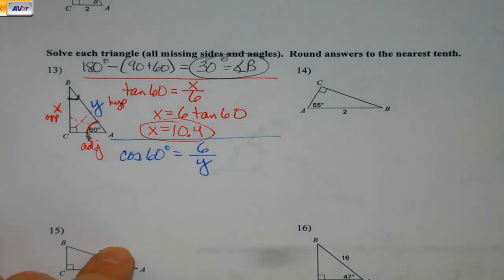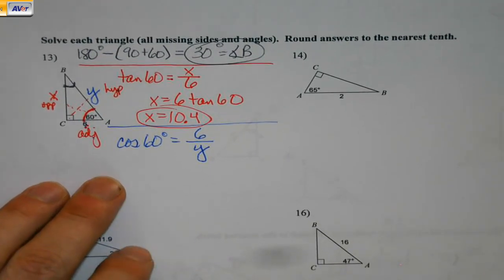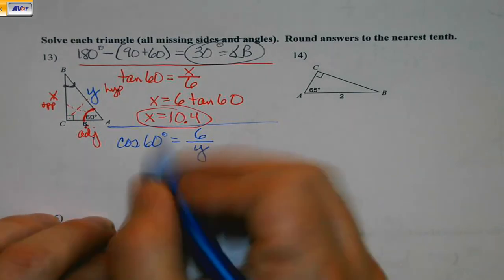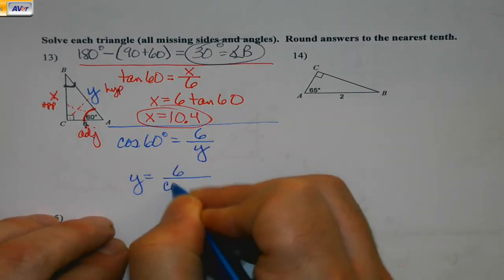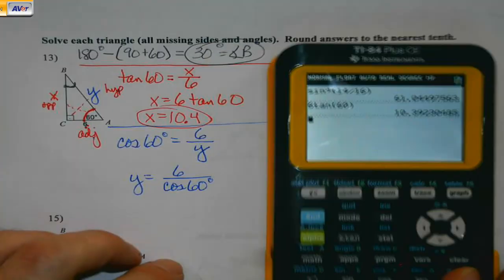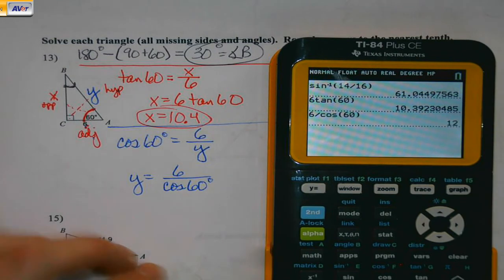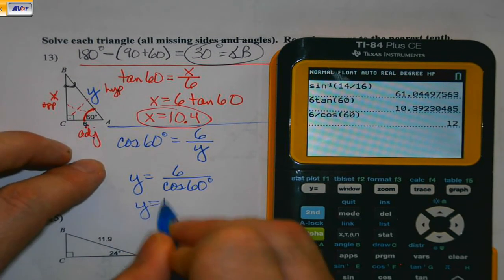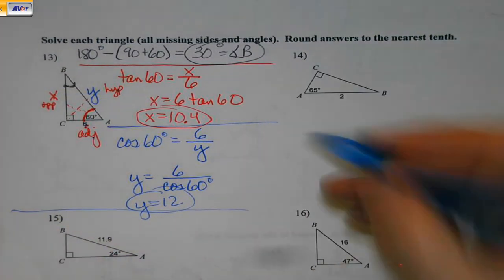And I notice this time the variable's in the denominator. It's on the bottom. So when that happens, we take our value and we divide by the trig function. And get my value. And I'm done.